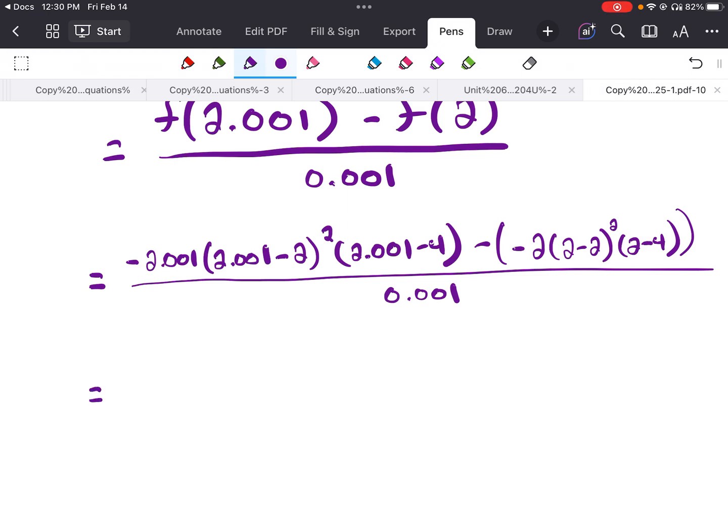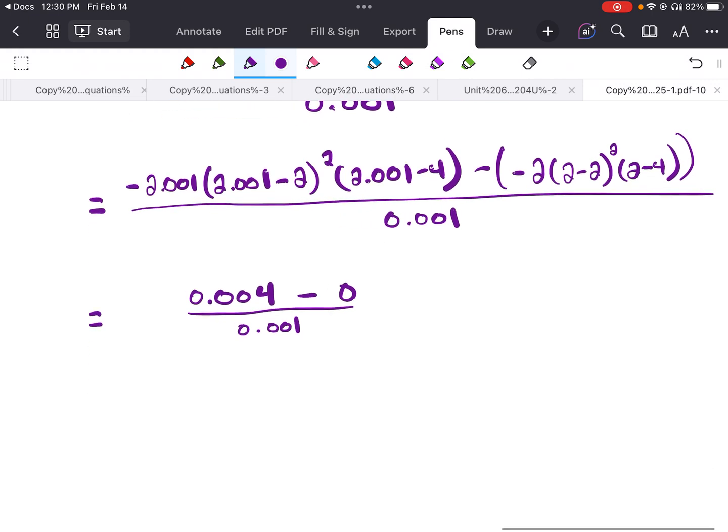Okay, when we work it out in your calculator, you do the first part, we get 0.004, subtract 0, because of that middle bracket of 2 take away 2, and then multiply everything by 0. Divided by 0.001 equals 0.04.